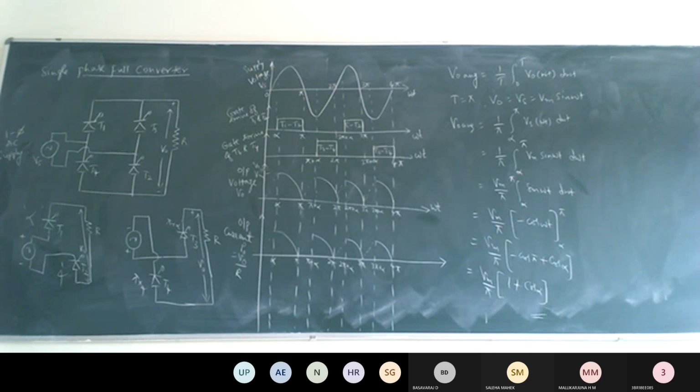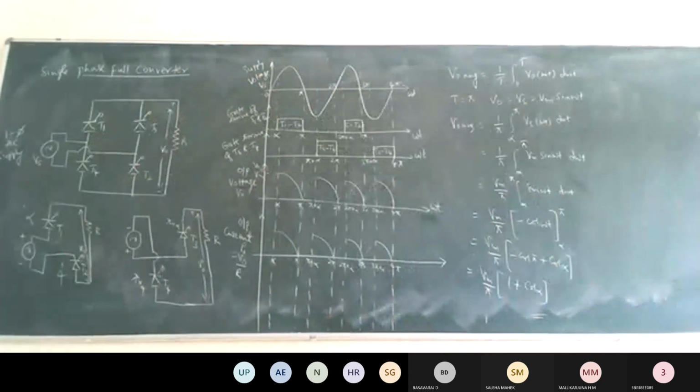Sometimes they ask for 4 marks: write the expression for V naught average or V naught RMS for a single phase full wave converter, or otherwise they'll ask with a neat circuit diagram and waveforms, explain the operation of single phase full wave converter, and also derive an expression for V naught average and V naught RMS.